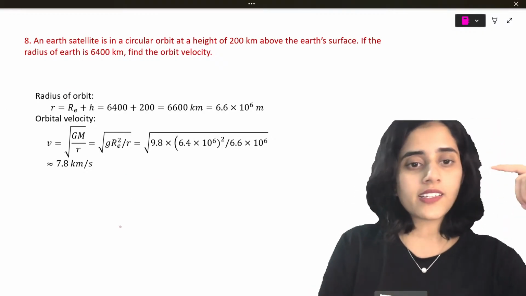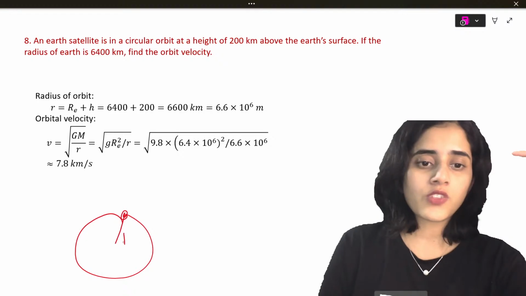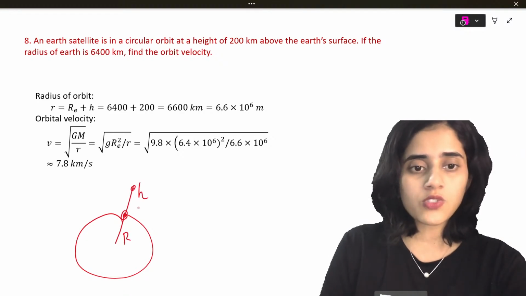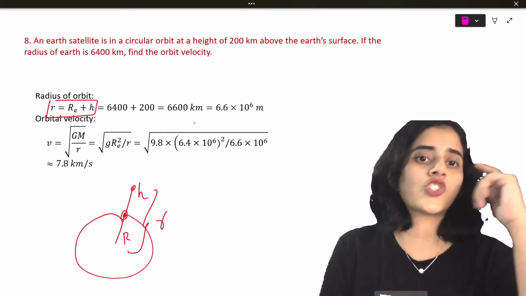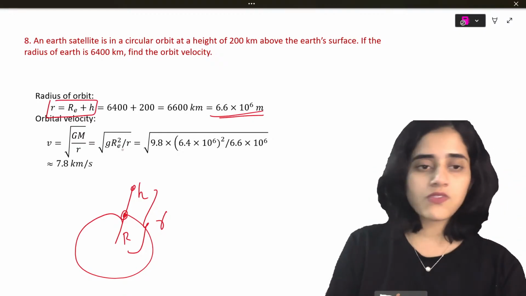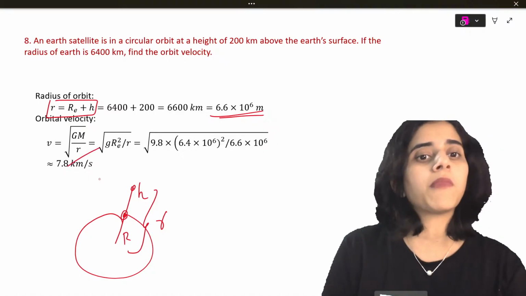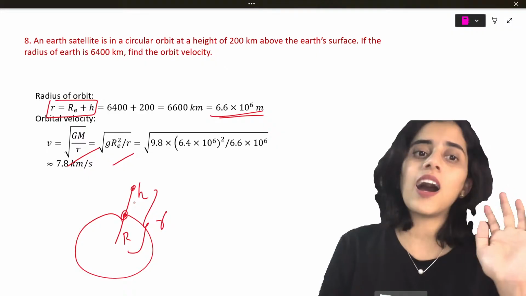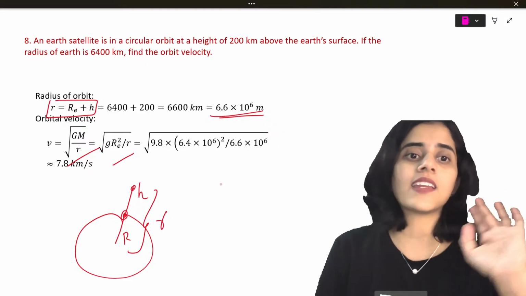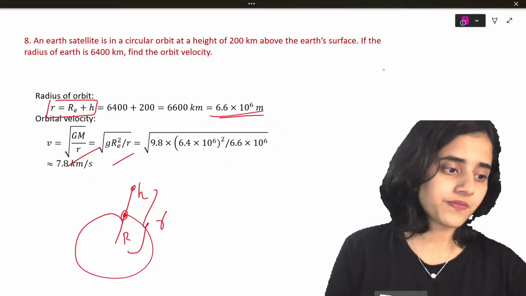So the total radius, if this is the radius of the Earth plus this height, this full thing is R. Re plus H. And that value I already have. So velocity I know, square root of GM by r. So I can also write it as G Re square by r. Okay. And then I get the answer.